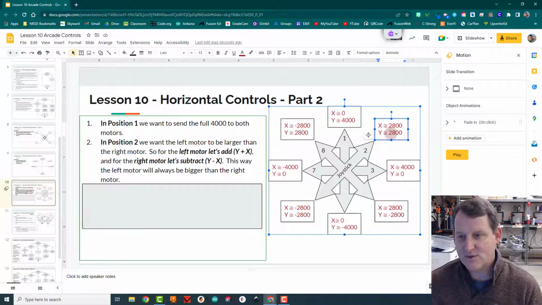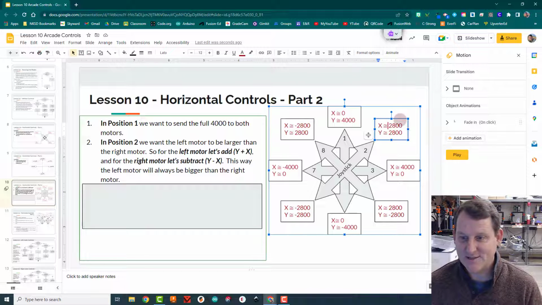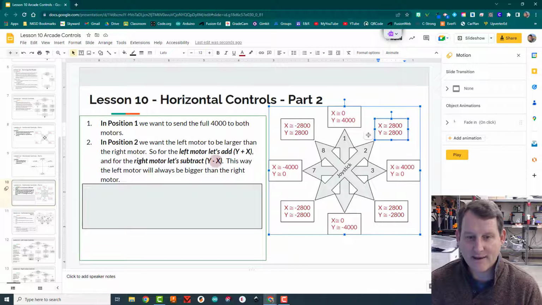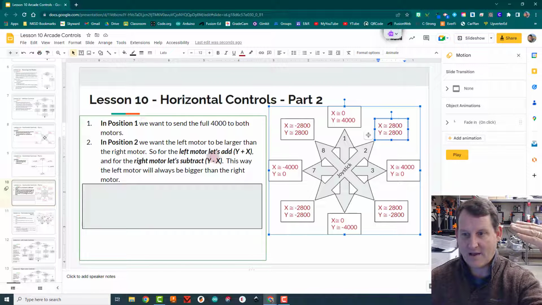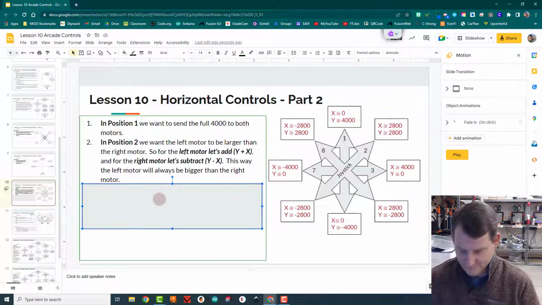That would give us 2,800 minus 2,800, or 0. And that would make the right motor smaller. Oh, that would work in this position at least, right? So for the left motor, if we add these two numbers, we get a big fast left motor. And for the right motor, if we subtract them, we get a smaller number. So this is working as well.